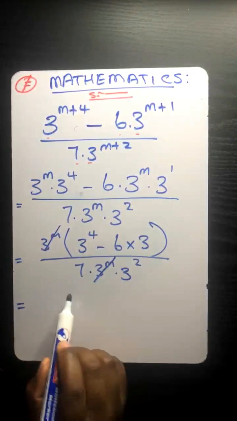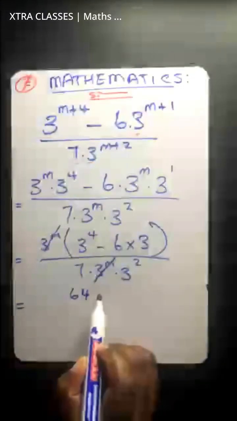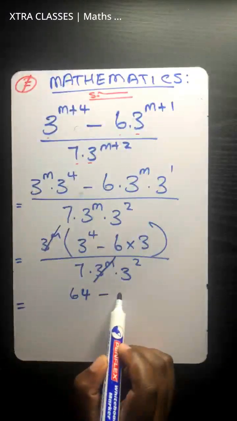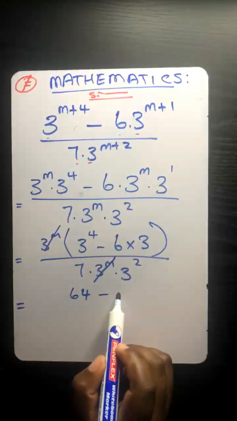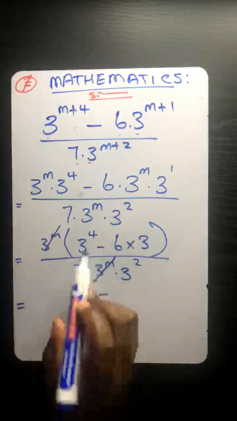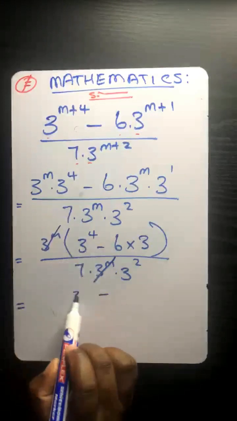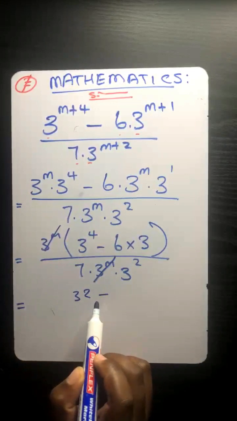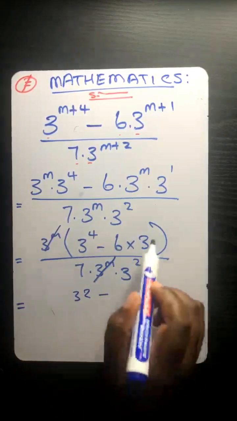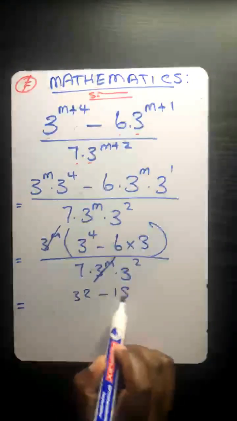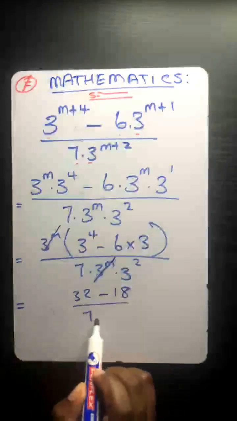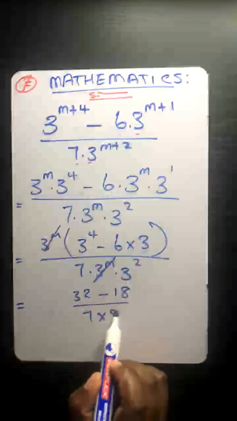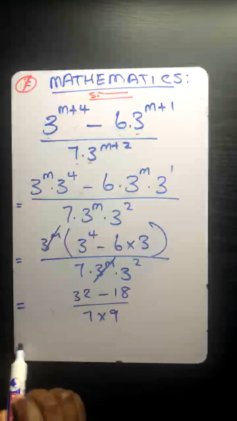Let's say 64, or is it 32? I think it's 32. What is it, honorable members? That one, is it 18? I think it's 18. So here we have 7, which is multiplying by 9.